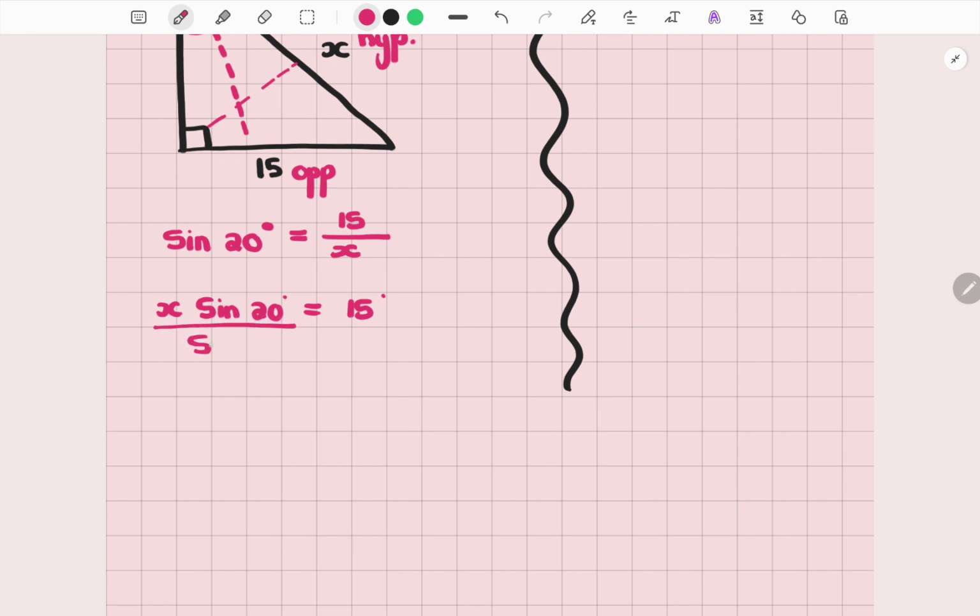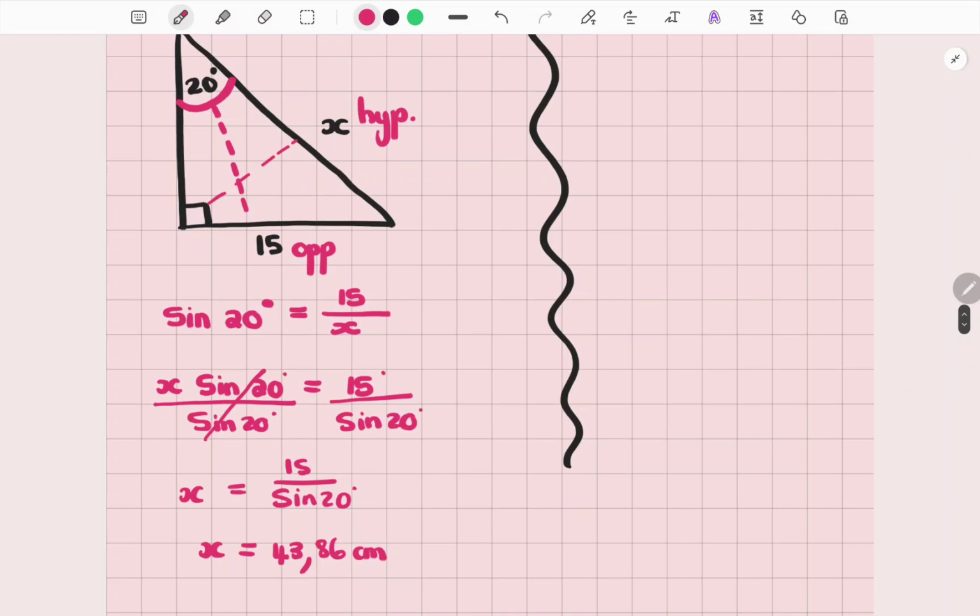Then you're going to divide away with sine 20 over here. And what you do on the one side, you have to do on the other side. So x is equal to 15 over sine 20. So 15 divided by sine 20. And that gives you that x there is 43.86 if you round it off correctly, centimeters.